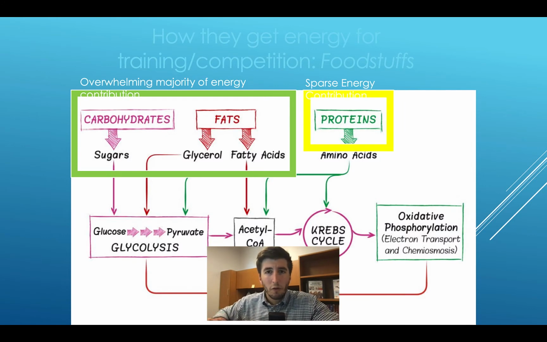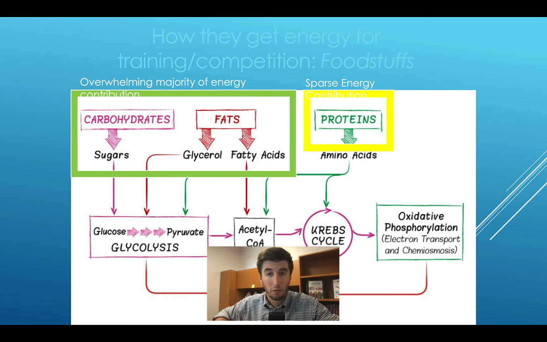The first reason that athletes really care about nutrition is for energy for their sport, their training, or their competitions. The two primary sources of energy for athletes are carbohydrates and fats. Loosely and very minimally, there's some protein fueling exercise.